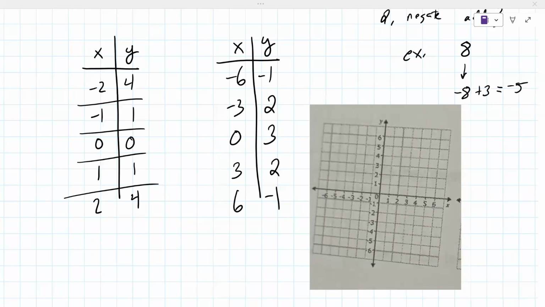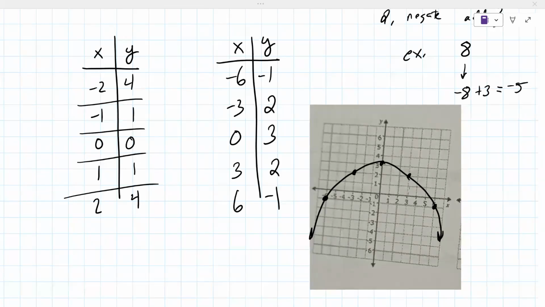All right, got it down. Let's take a look here. Does your graph look something like this? Yes. Okay, that's good.